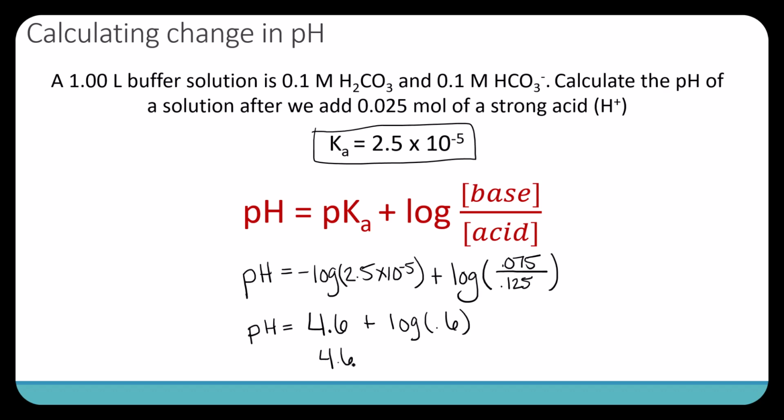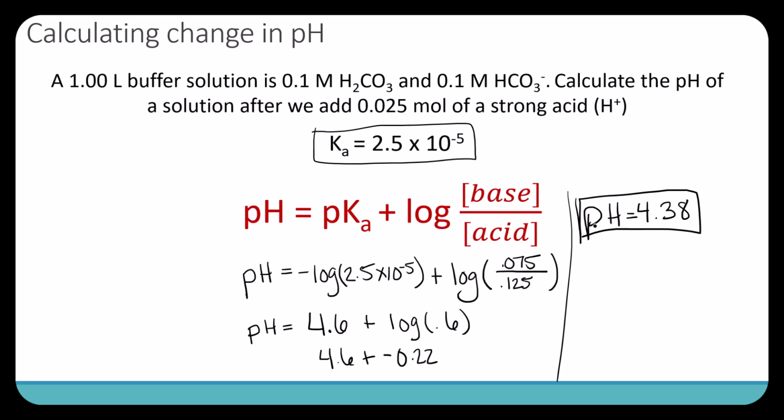So 4.6 plus log of 0.6, which is negative 0.22. So the pH equals 4.6 minus 0.22, and we get the pH of the solution is now 4.38.